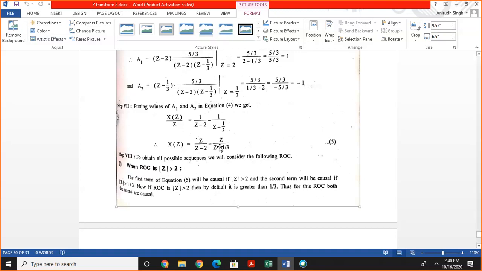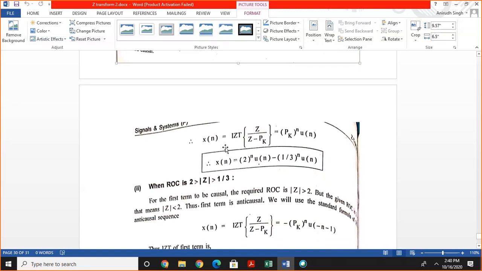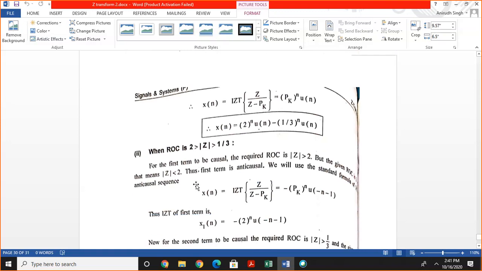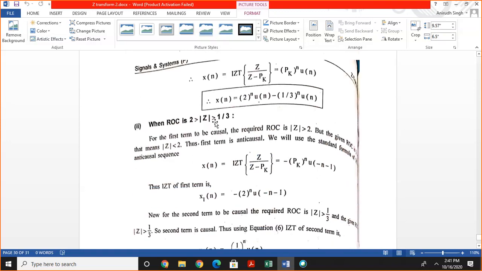Then we calculate a1 and a2. a1 is calculated as 1, and the value of a2 is minus 1. So if we put this, X(z) is equal to z divided by (z minus 2) minus z divided by (z minus 1/3).